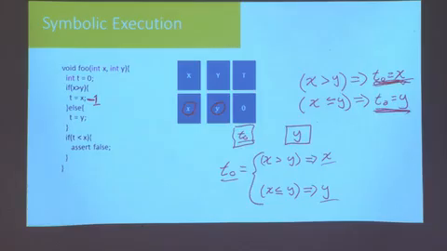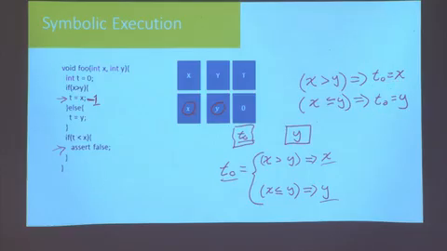Because when the program takes this path, then t will indeed be less than x, and you will indeed fail here, right? So what will happen to a program like this? How will our symbolic state look?